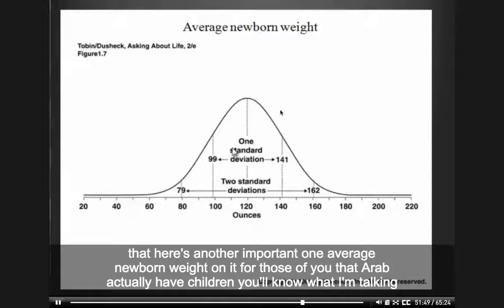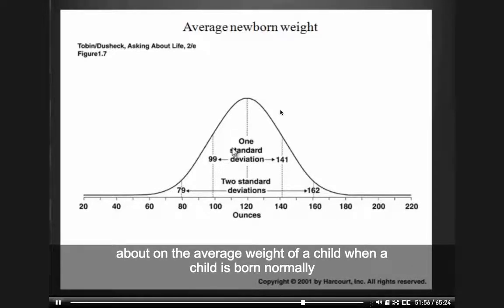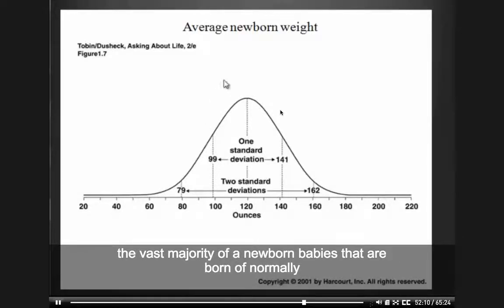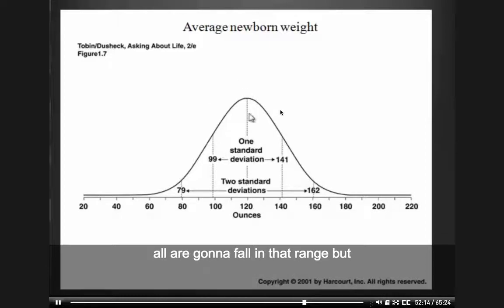Average newborn weight. For those of you that actually have children, you'll know what I'm talking about. The average weight of a child when a child is born normally. On the low side, probably somewhere around 6.5. On the high side, somewhere around 8.5, right? That's kind of a normal range. And so the vast majority of newborn babies that are born normally are going to fall into that range.